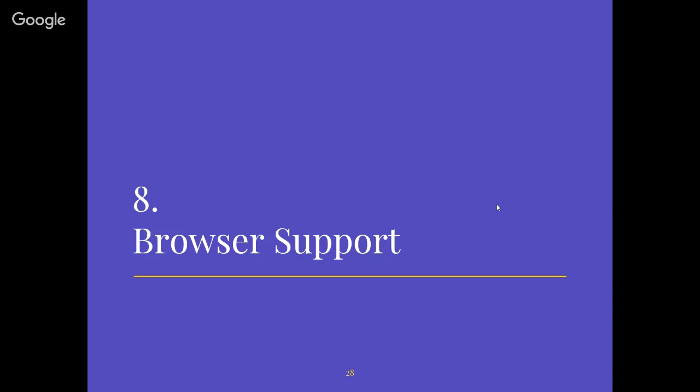And if you're not sure if this specific feature or element or property is supported in the modern browsers, you should definitely go online to some of the websites like MDN or caniuse.com and do some research and see if the versions of the most popular browsers support that feature.